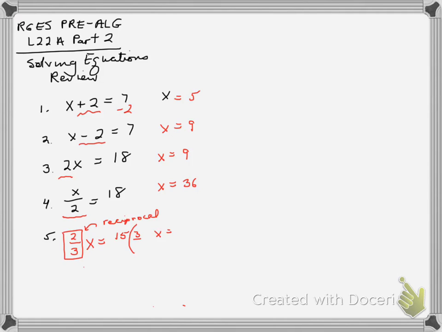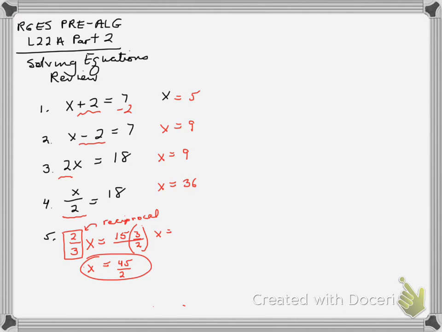So when I'm multiplying by the reciprocal on the right side, I'm going to multiply by 3 over 2. In this case, I cannot cancel, so I would multiply straight across. 15 times 3 is 45 halves, and that's a perfectly good answer.